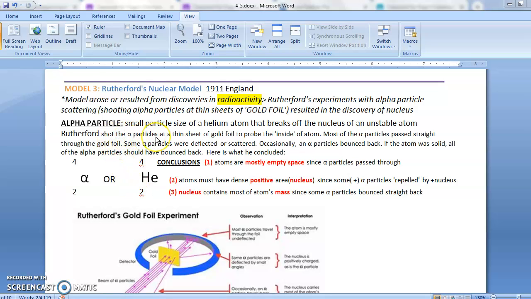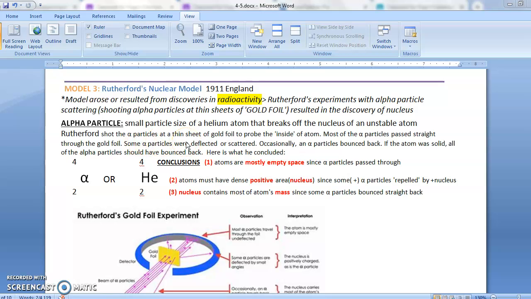Rutherford started shooting helium nuclei at thin sheets of gold foil. Why did they pick gold to do this? Because gold is an extremely malleable metal and it can be pounded incredibly thin. And what Rutherford wanted to do was see what the alpha particles would do. So we shot this positive particle. It was a 2+ particle because it had 2 protons.